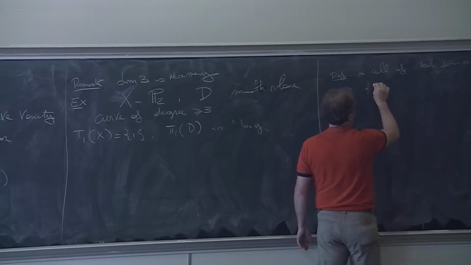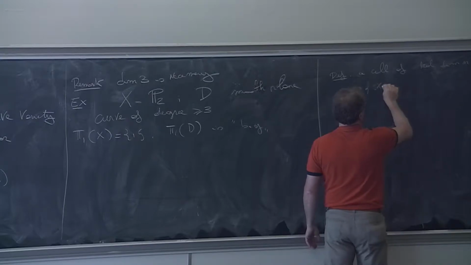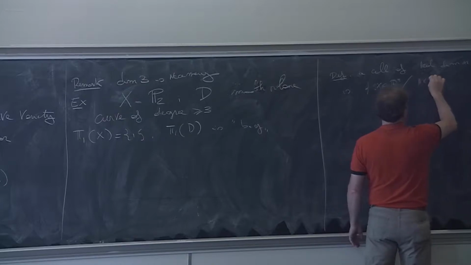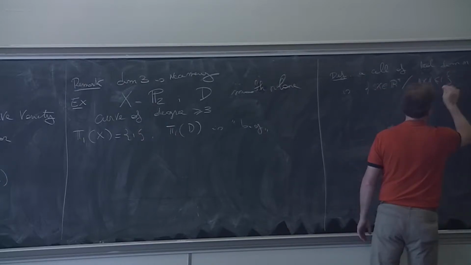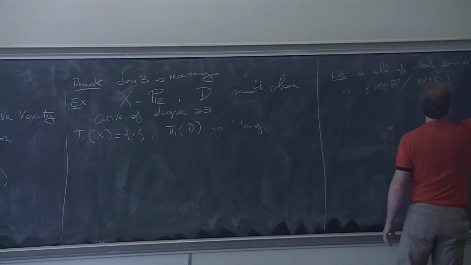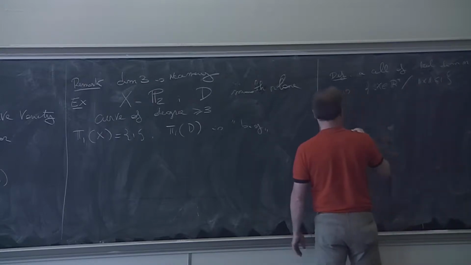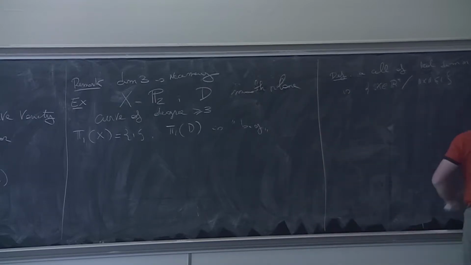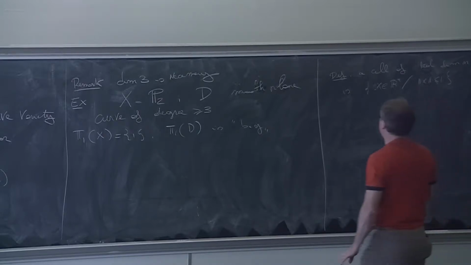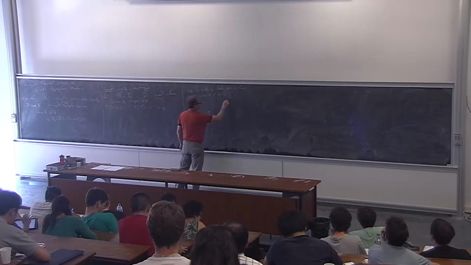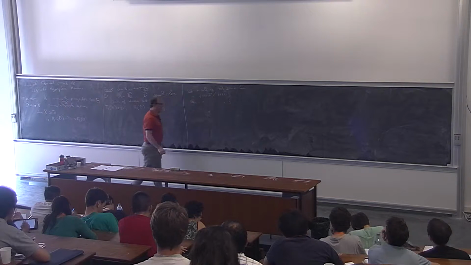is the set of x in R^n such that the norm of x is less than or equal to 1, and I call it C^n, and S^n-1 is the set where the norm is equal to 1.